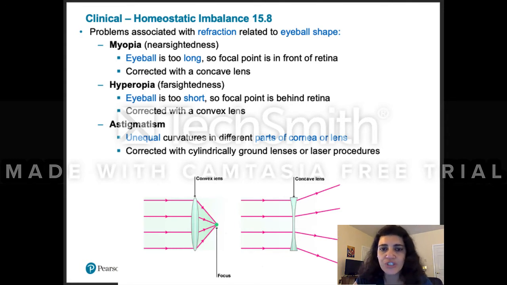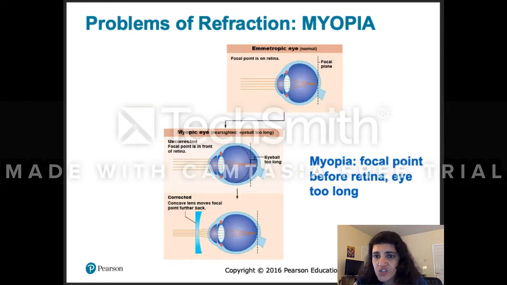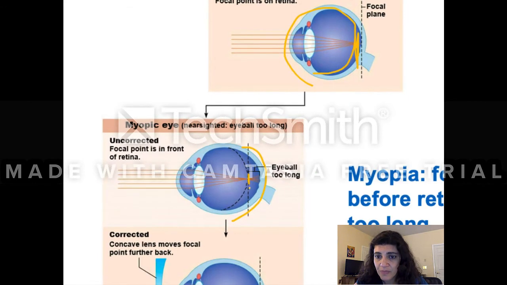There are three conditions that are important for us to understand here. One is the myopia. What happens is that the eyeball in the myopia is too long. So if this would be the perfect eyeball, when the eye is too long, instead of your image focusing in the retina, you will focus on this point, and this point is not the retina.